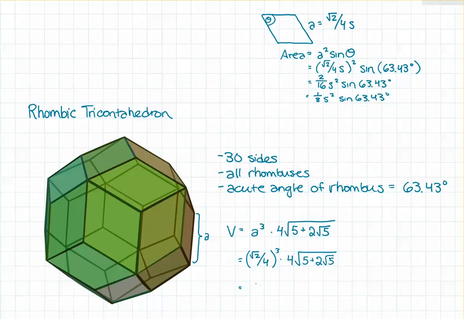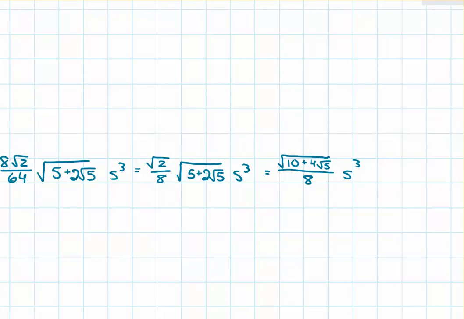So then you get root 2 cubed over 64 times 4 root 5 plus 2 root 5. So when we simplify that, I'm pretty sure we get the square root of 10 plus 4 square root of 5 over 8 s cubed.